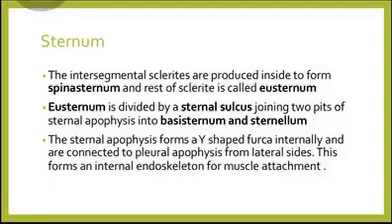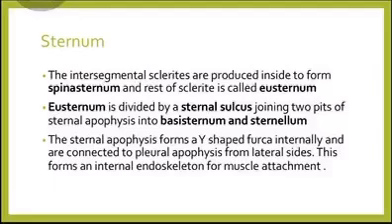Now the eusternum is further divided by a sternal sulcus. This sternal sulcus is joining two pits of the sternal apophysis, and this sulcus divides the eusternum into a basisternum and sternellum, these two areas.